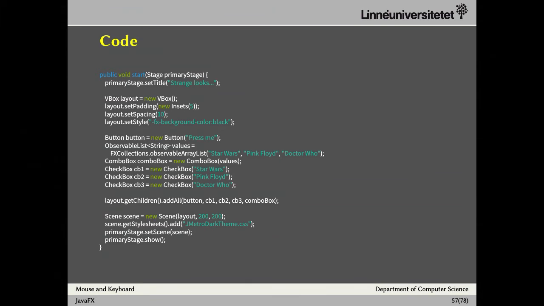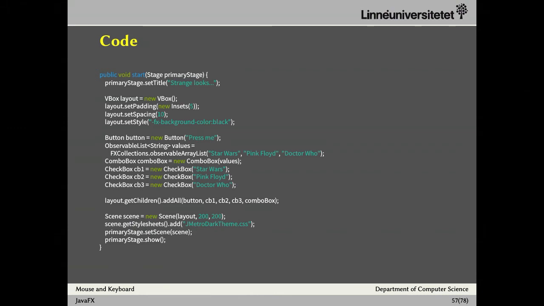So that's one way of making the background black. And this -fx-something, all of these are listed in the reference, so it's possible to find which ones you are going to use in order to style a button, for example, or a text field, or a text, or whatever you like to do.